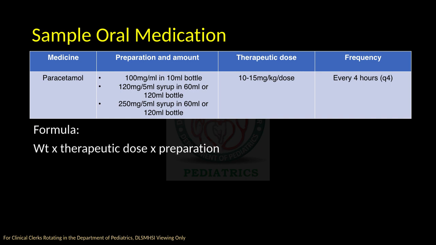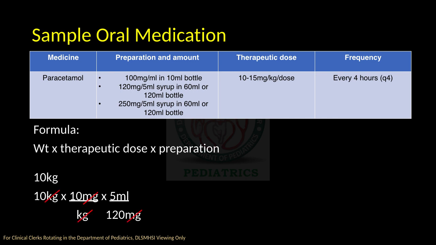Here is the general formula. Multiply the weight by the therapeutic dose and the reciprocal of the preparation. For example, if the child weighs 10 kilograms, multiply that by 10 milligram per kilogram per dose as indicated by the therapeutic dose, and the reciprocal of the preparation is 120 milligram per 5 ml as shown in this slide.